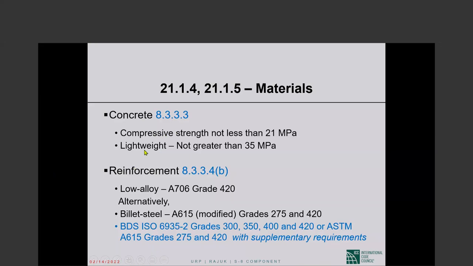Lightweight concrete, we now have an upper limit, which is 35 MPa, 5 ksi. And that upper limit, as I mentioned, is because we do not have sufficient test results demonstrating that the hysteretic load deflection behavior of lightweight concrete members is comparable to that of very similar normal weight concrete members.